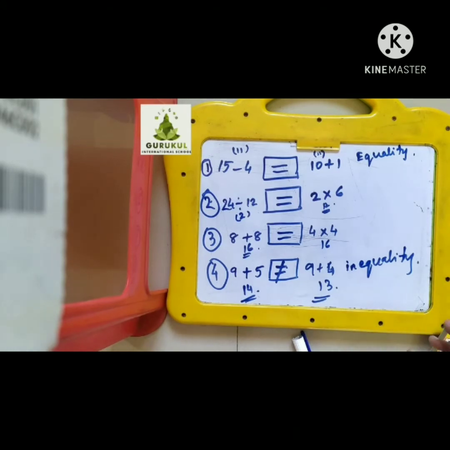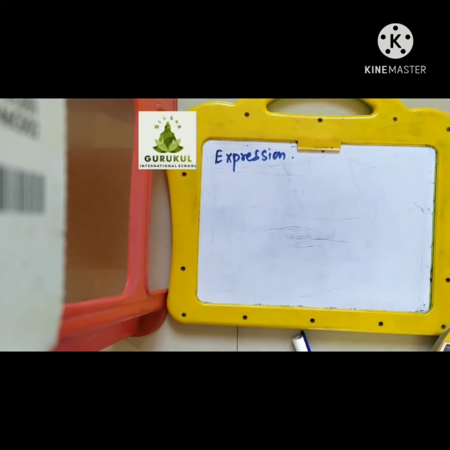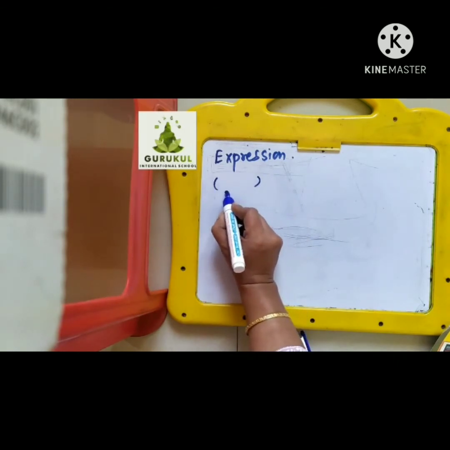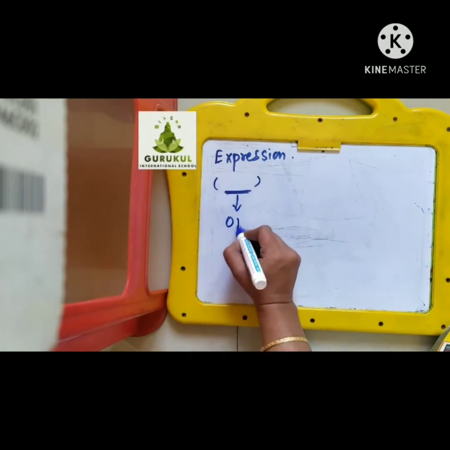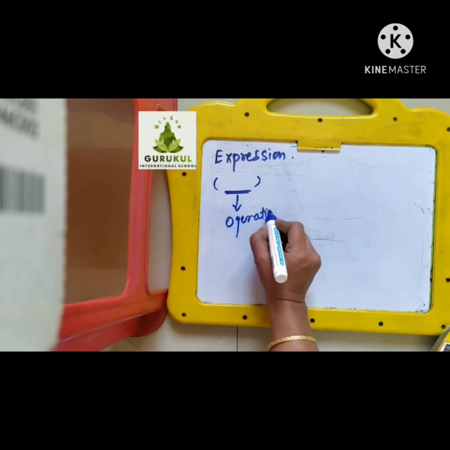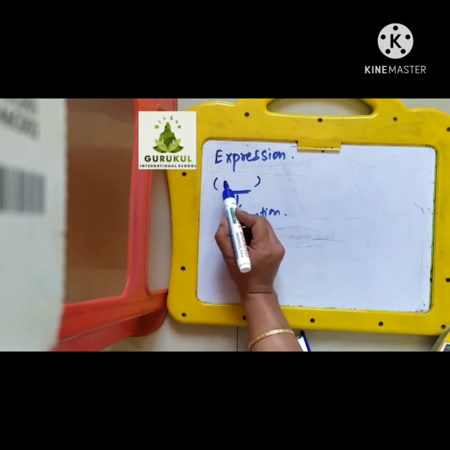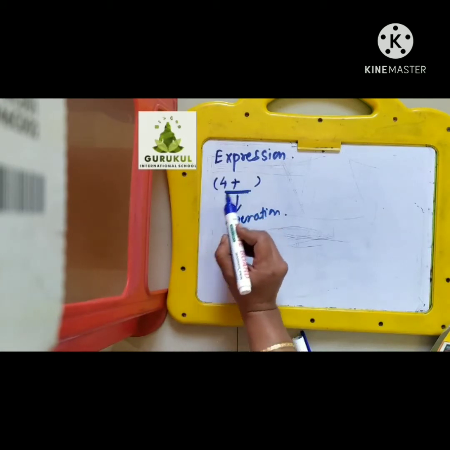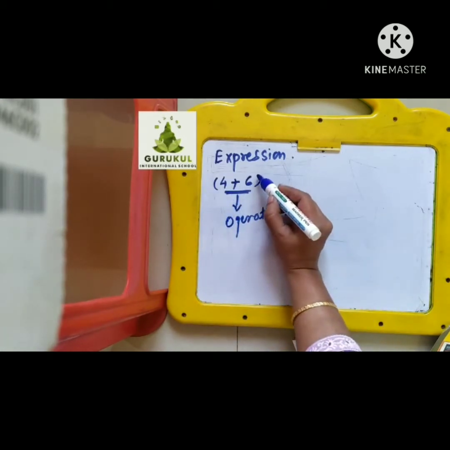Okay, then next you have the term expression. Whenever any numbers are put in a bracket and some operation is to be done, you say the term expression. For example, here I have 4, I add that 4 with 6 and put it in the bracket.